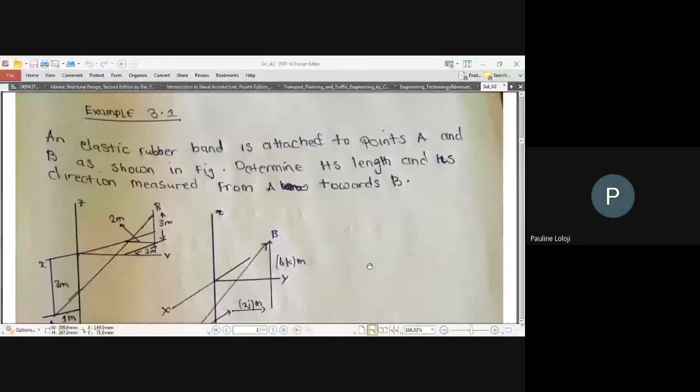Okay, we can see it right now. Now, those using Big Blue Button, can you see the question? No, sir, we are seeing the previous question, Example 26.